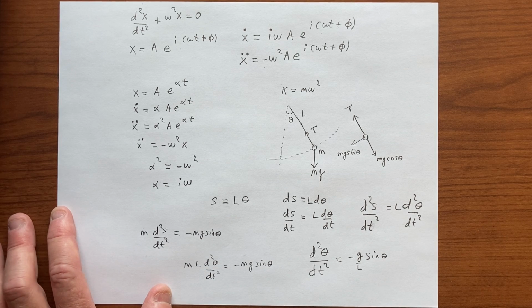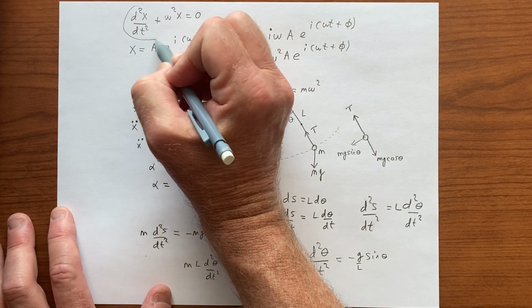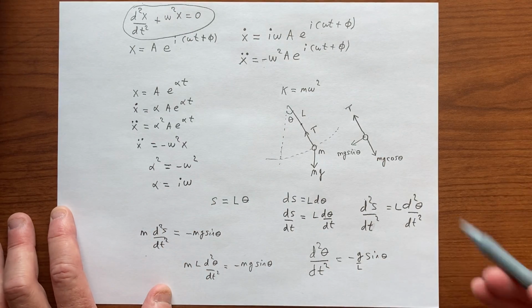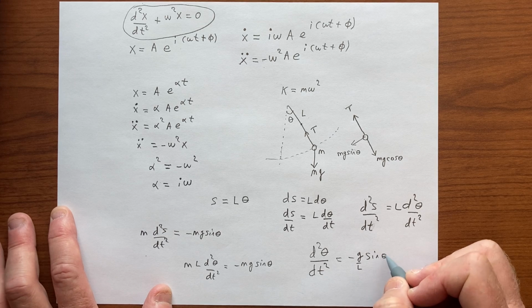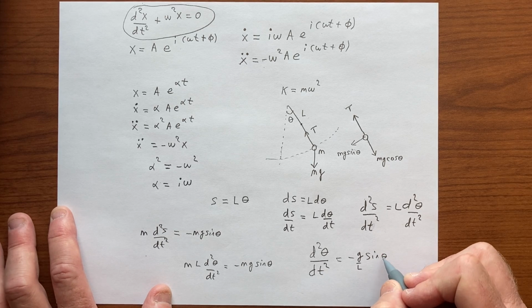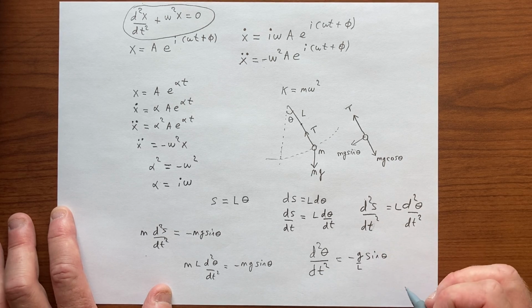That's not quite an equation that looks like this for theta, but it can be if we think of small angles, because the sine of an angle for small angles is just the angle itself.